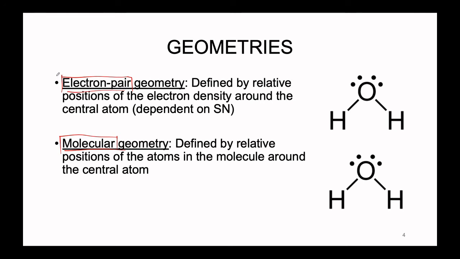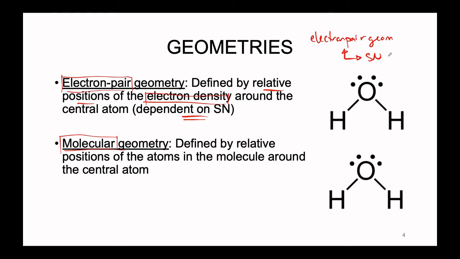So the electron pair geometry is defined by the relative positions of the electron density around the central atom. This electron pair geometry is explicitly dependent on the steric number. There is a 1-to-1 correlation between an electron pair geometry and a steric number.